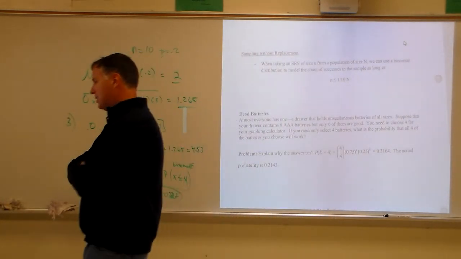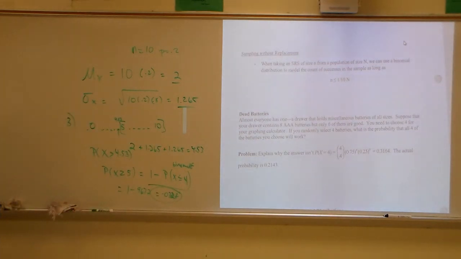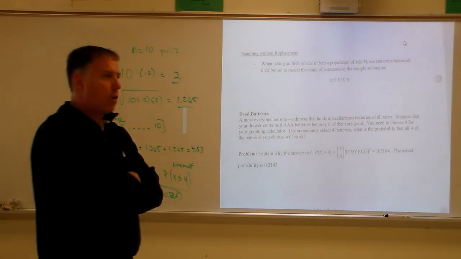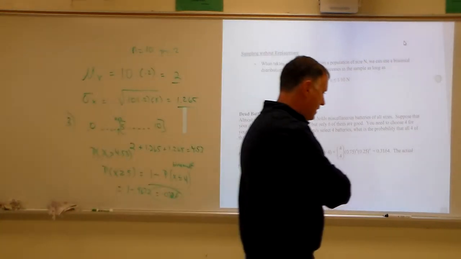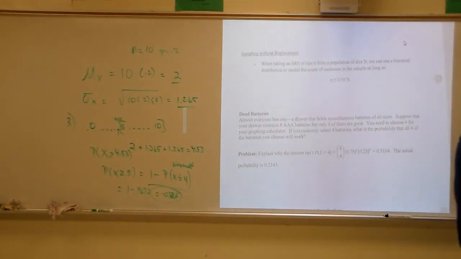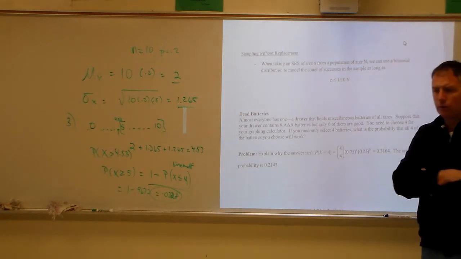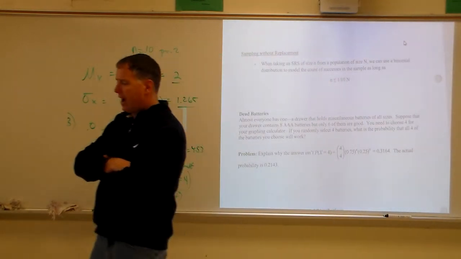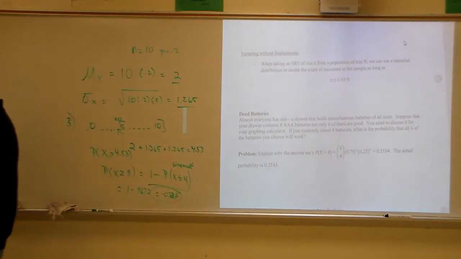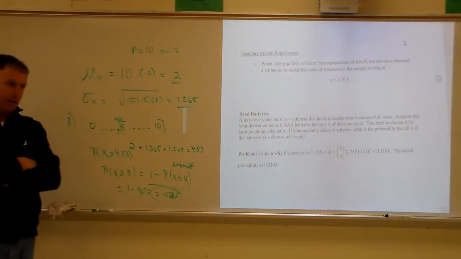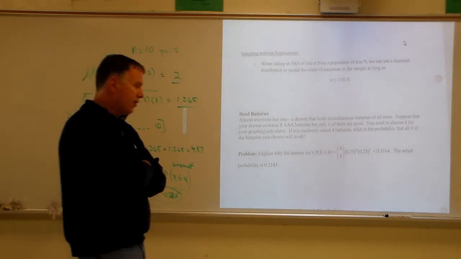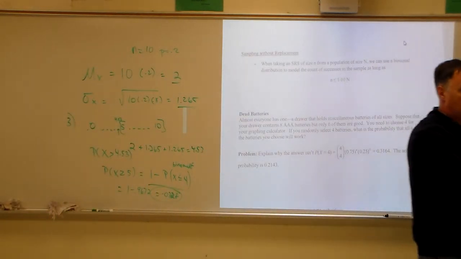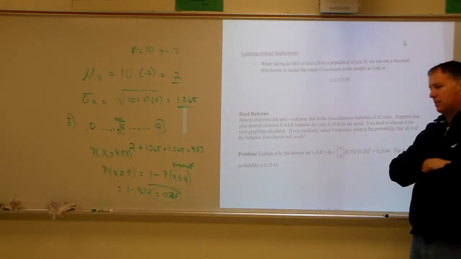So if you were at a factory that made, I don't know, they have quality control things for everything. Let's say they were making cell phones at a manufacturing plant, and let's say that they made 4,000 cell phones a day at this place. And you wanted to sample without replacement.